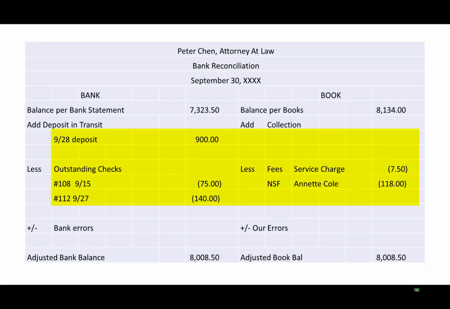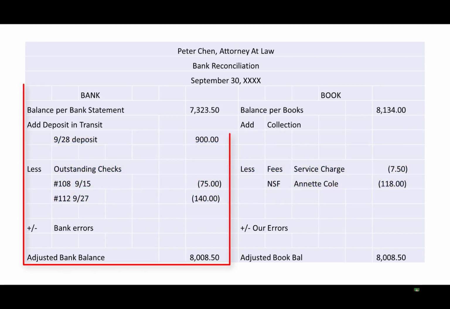Those 5 circles are shown on the bank reconciliation. On the bank side, there was a deposit in transit. That was the amount that was deposited on our books but hadn't yet hit the bank statement. This often happens near the end of the month.